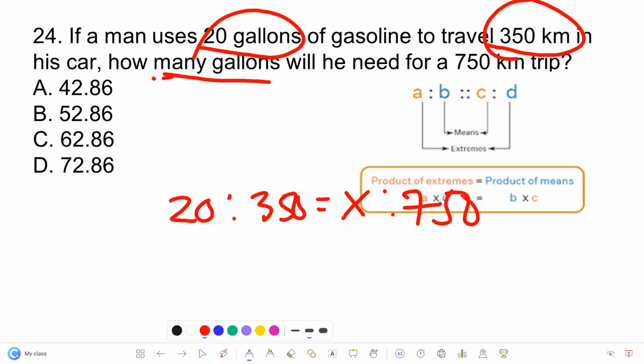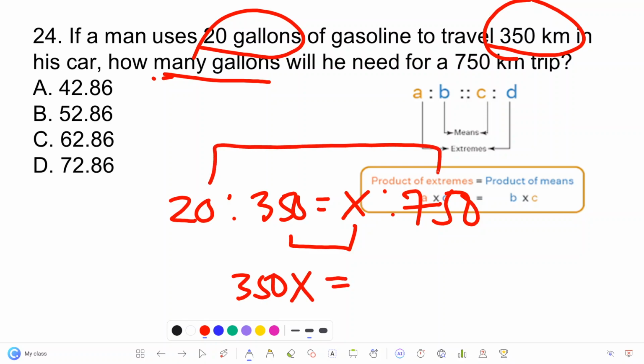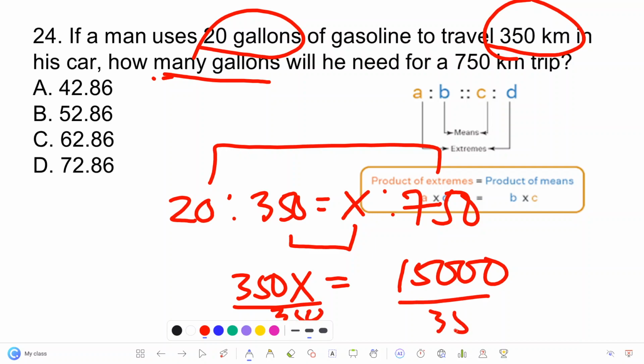Ulit, ano sabihin natin? The product of the means, so this is 350X is equal to the product of the extremes, which is 750 times 20. Okay, so this will be equal to 15,000. Now, you have to divide both sides of the equation by 350 over 350.